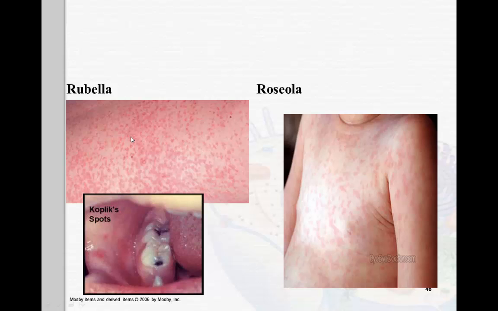So if you look here, this is rubella, a maculopapular rash, and this is the Koplik spot, and this is the roseola. What is very, very common is the fever followed by this sudden onset of rash.